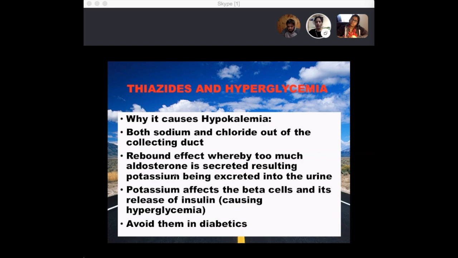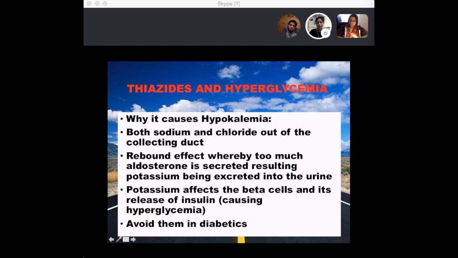With that aldosterone process going on, potassium is excreted into the urine, and we already know that thiazides cause hypokalemia. So now that we have very minimal potassium, it's going to affect the beta cells, because potassium helps release insulin.